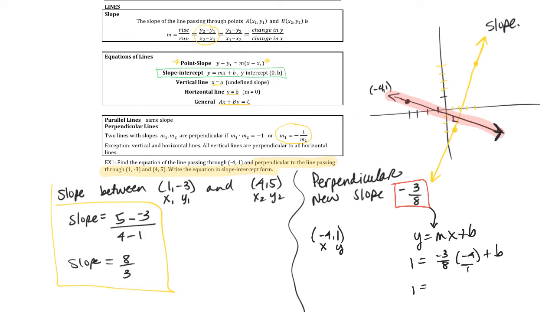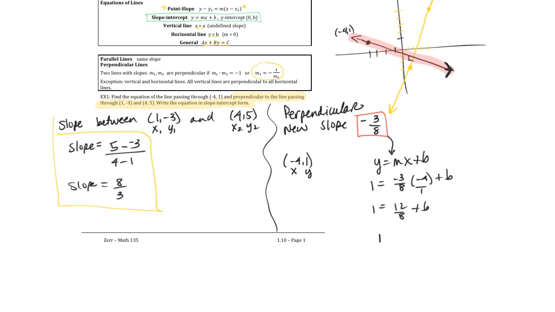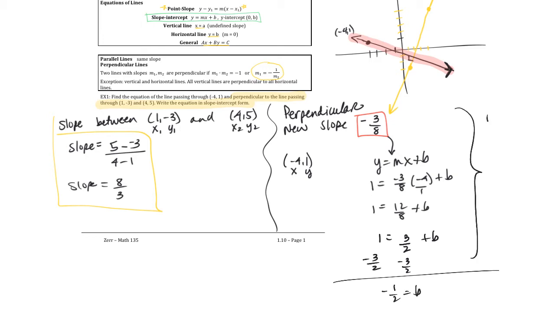So this would be 12/8, and that could simplify to 3/2, and I'll subtract 3/2 from both sides. So I've got 1 minus 1.5, so it would be -1/2 is equal to b. Putting all of this together, the equation is y equals -3/8 times x plus b, and b is -1/2. So there's my equation of my line.